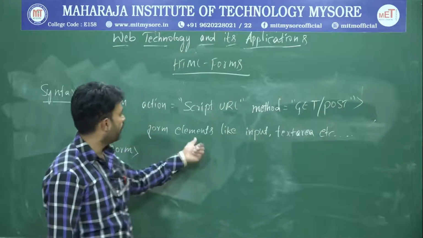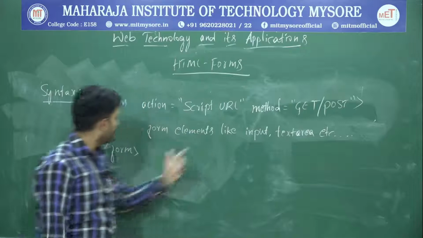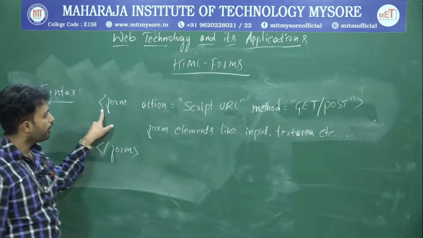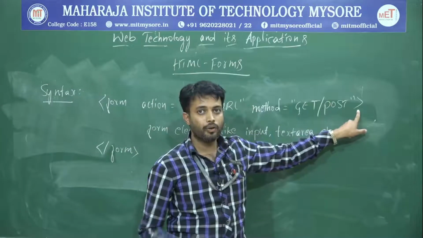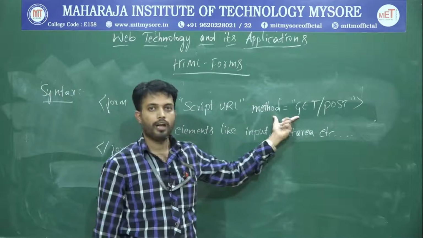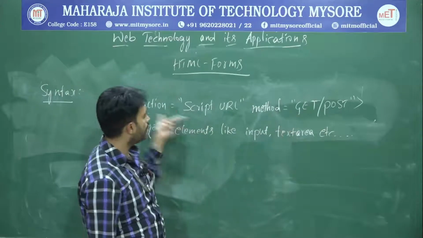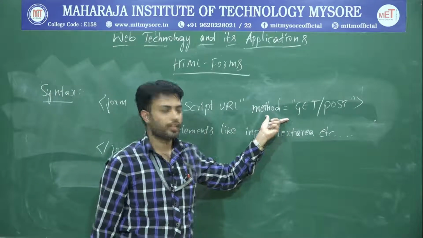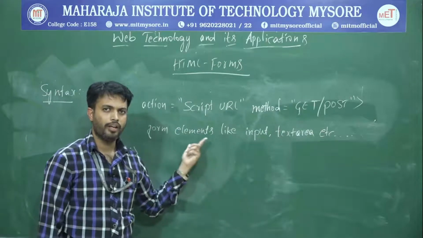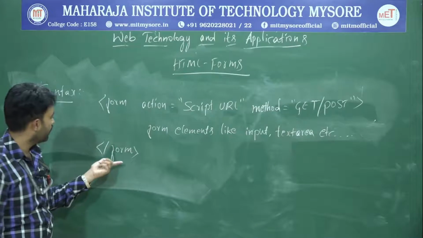These are all form elements. Next, we need to close this form. Look here, I have opened it and I have to close this open tag of form. Within that, there are two attributes. One is action, another one is method. Next one is form elements.